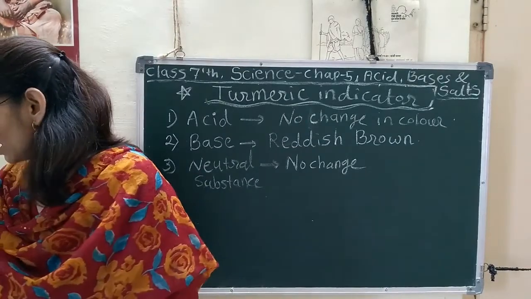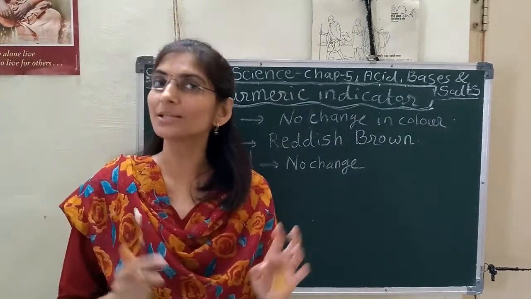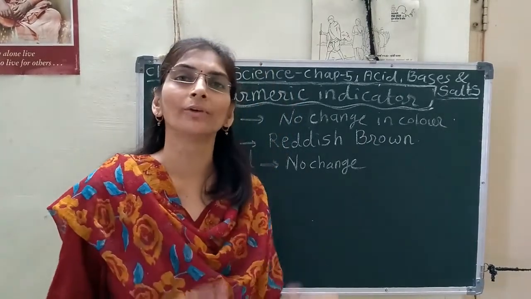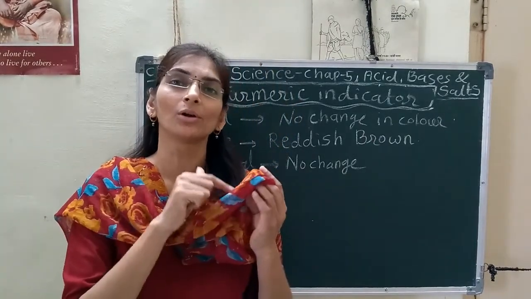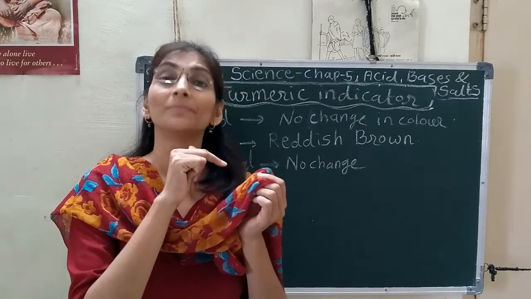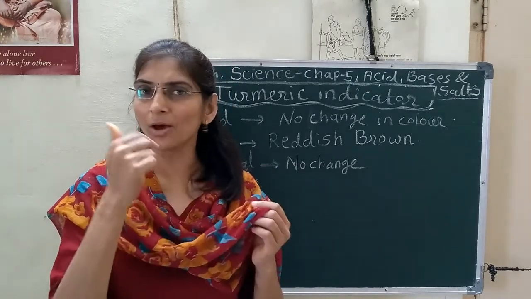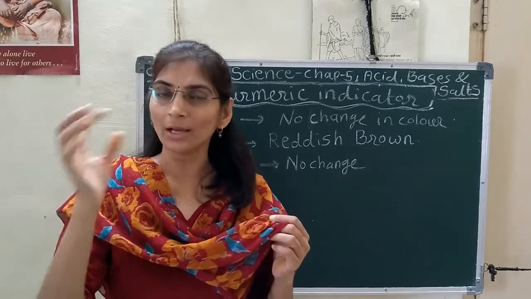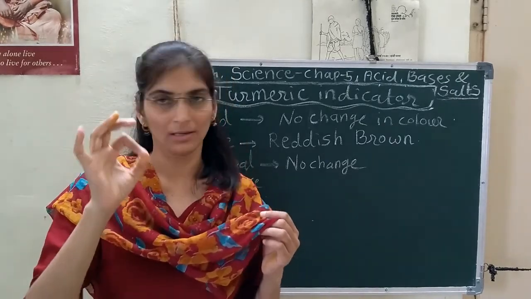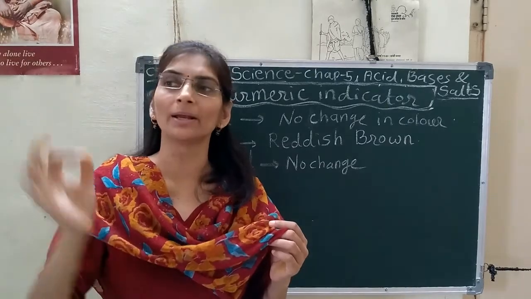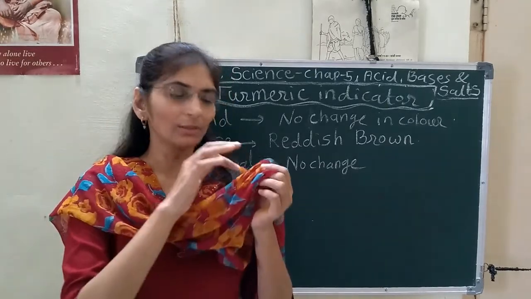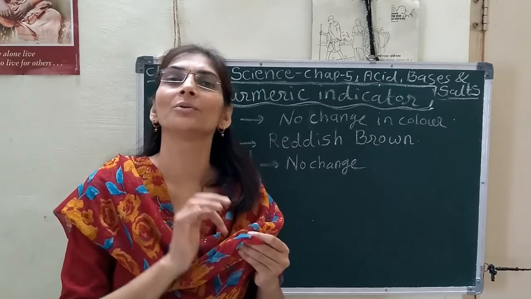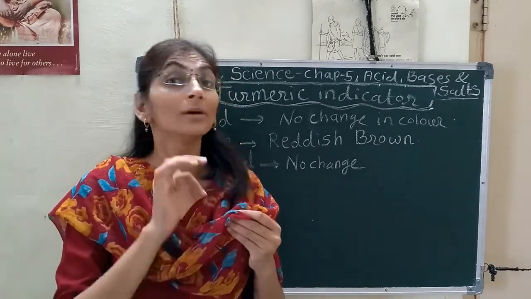Another thing I have to discuss: when you are having a turmeric stain on your cloth, for example if you are eating food containing turmeric, as we usually use turmeric in our cooking, the stain will occur on your cloth, and it is of yellow color.